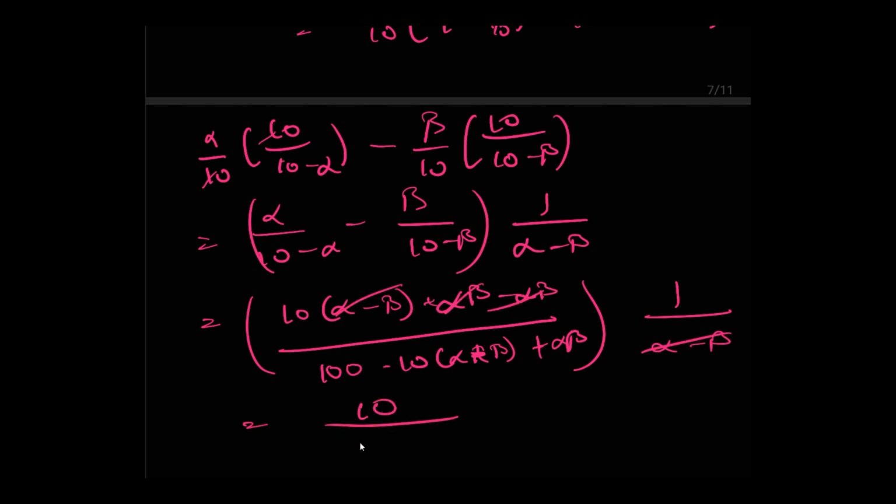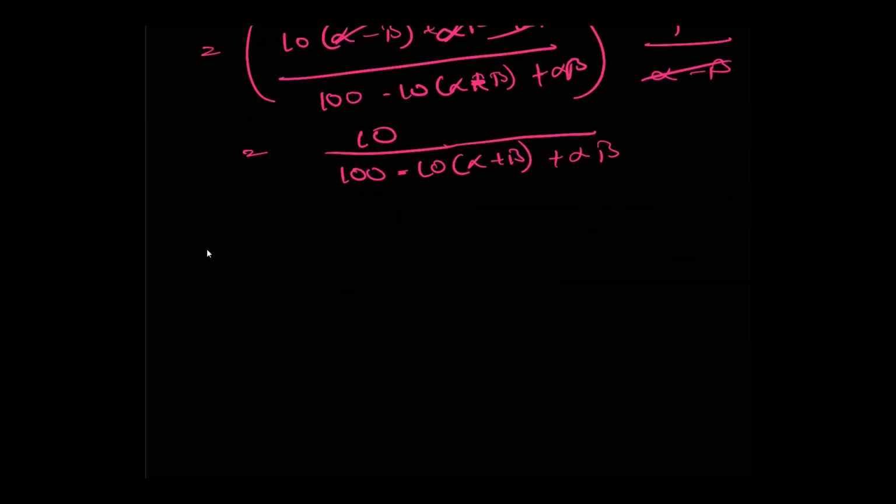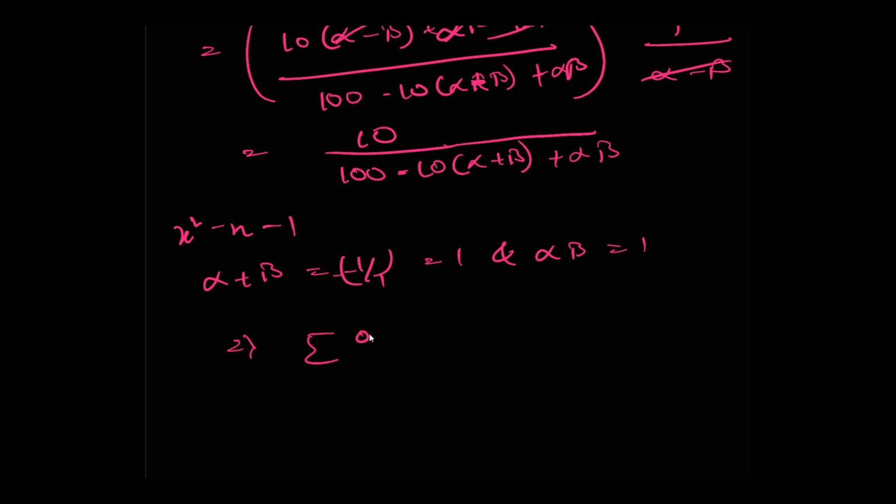That equals 10 by (100 minus 10 into (alpha plus beta) plus alpha beta). From the equation x square minus x minus 1, alpha plus beta will be 1 and alpha beta will be minus 1. That implies summation a_n by 10 power n equals 10 by (100 minus 10 times 1 minus 1), that equals 10 by 89.